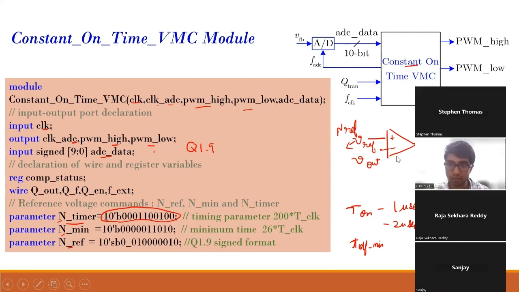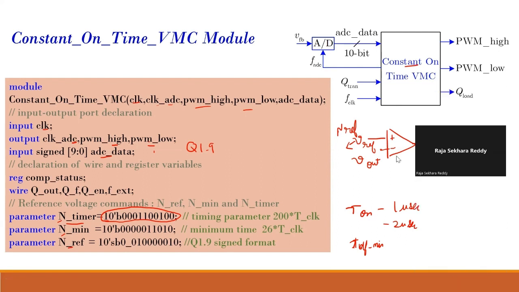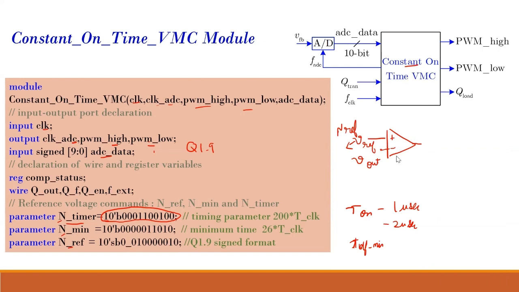Sir, in this on time, if initially we have 1 microsecond, this is now at 200. If we want to increase to 2 microseconds, then it has to be increased to 400, right? Yes, 400. See, how is your on time being generated? This is my on time.